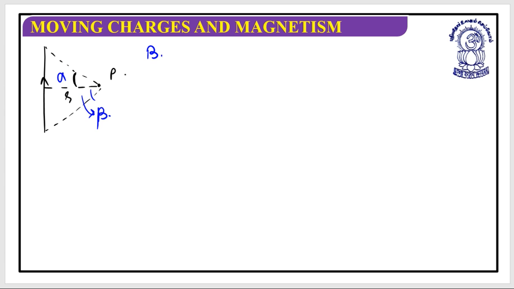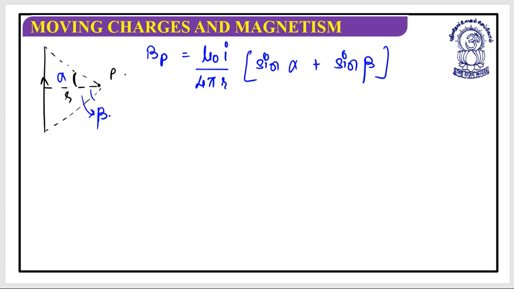So the magnetic field at point P equals mu naught I by 4 pi r multiplied by the bracket of sine alpha plus sine beta.